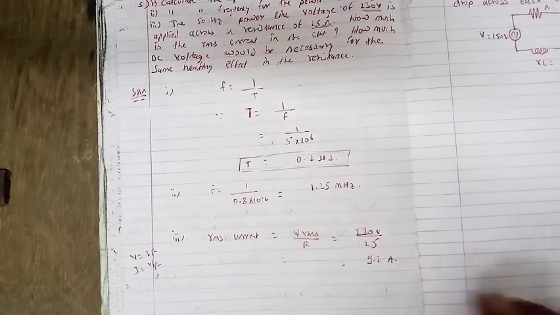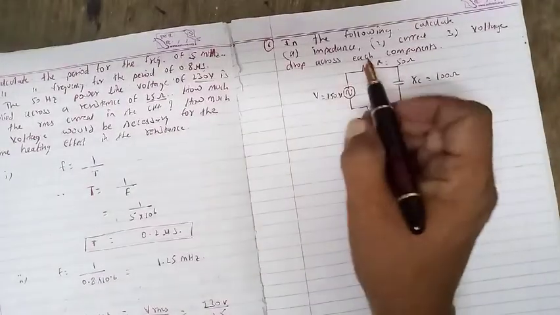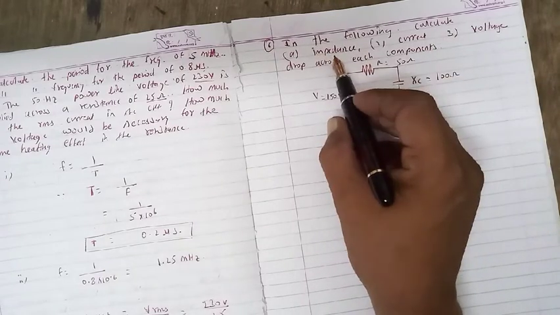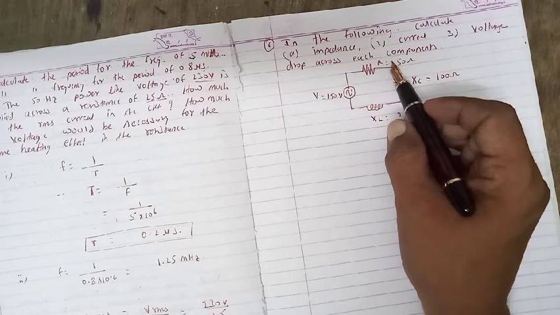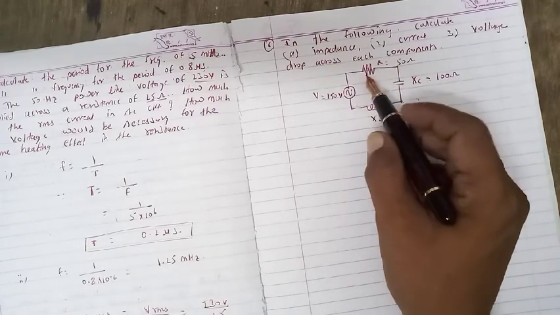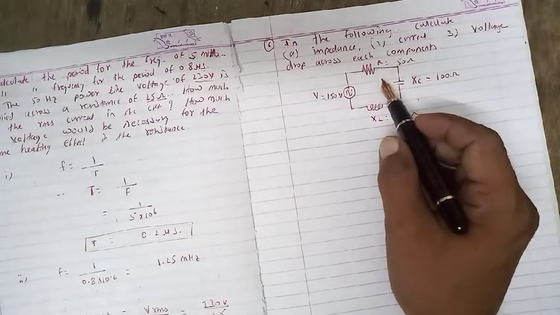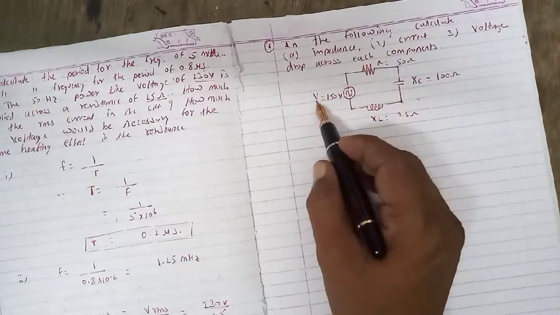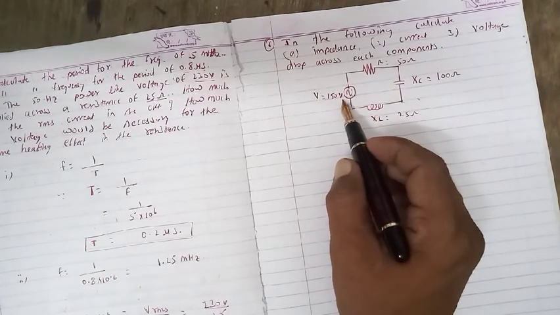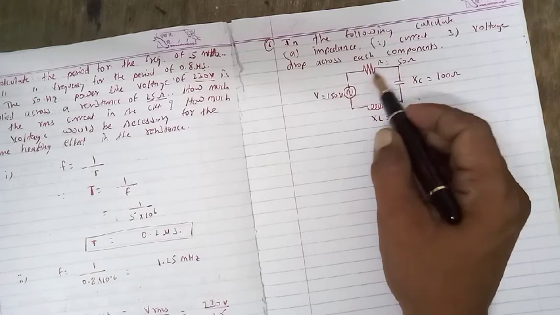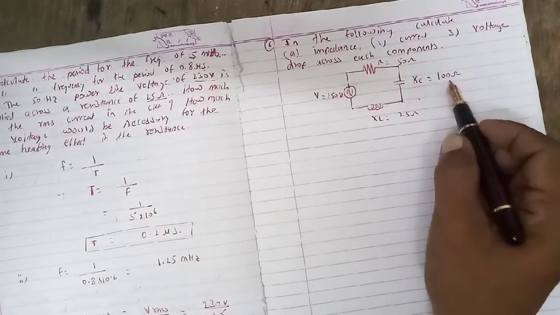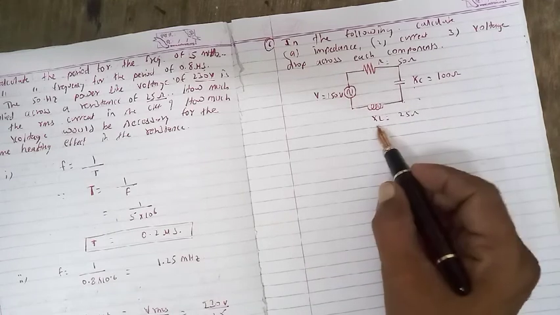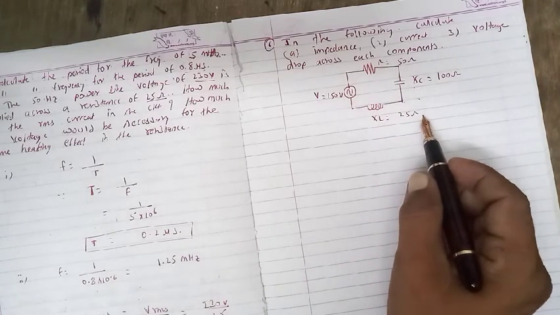Okay, then the next problem: in the following circuit calculate the impedance, current and the voltage drop across each component. Okay students, the diagram has been assigned to you. You are given the voltage value, that is 150 volt, the resistance value R is 50 ohms, XC is 100 ohms, XL is 25 ohms.